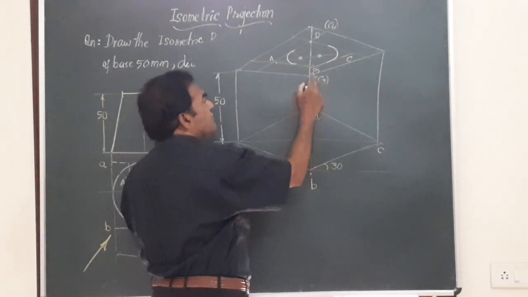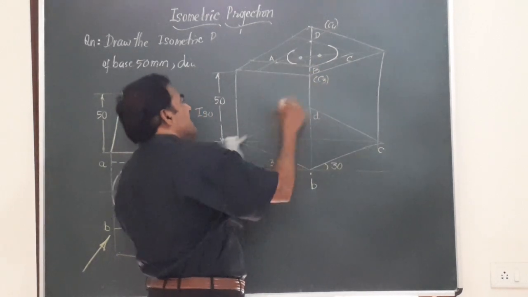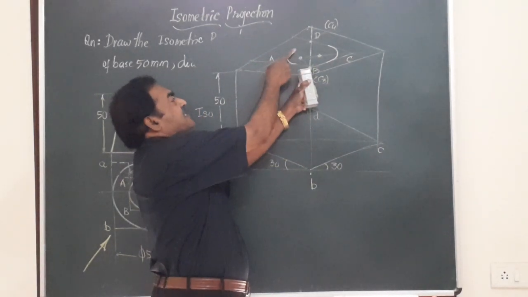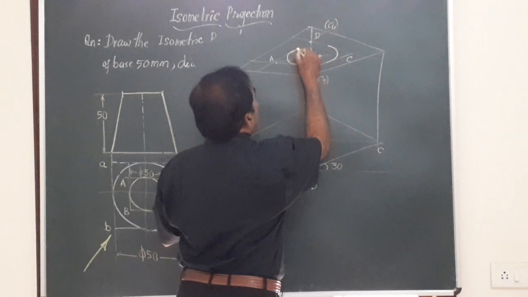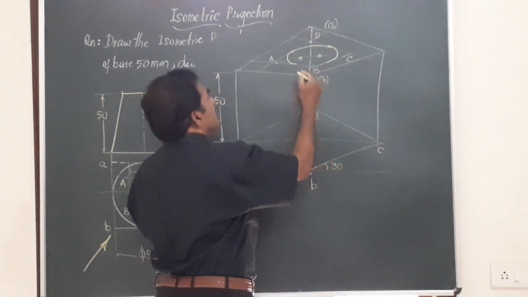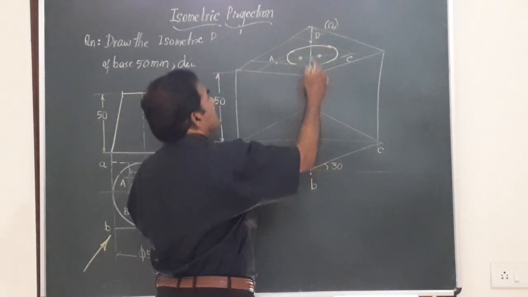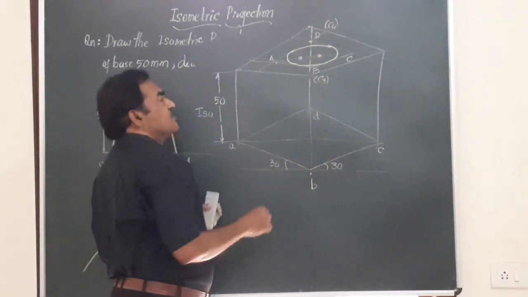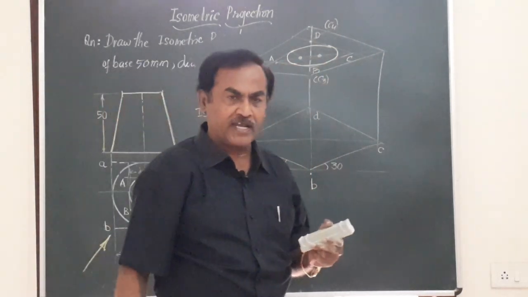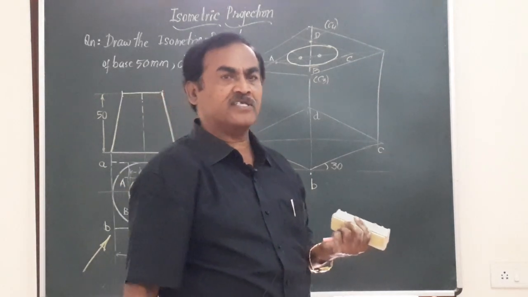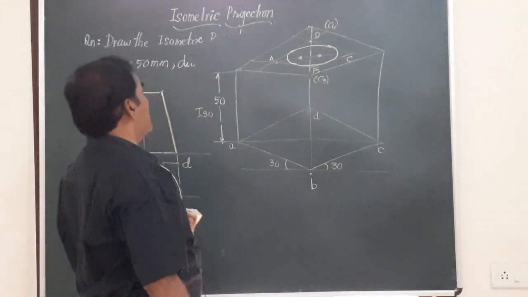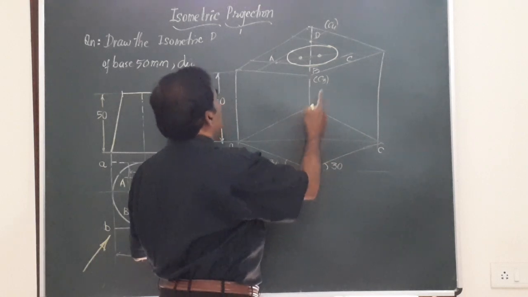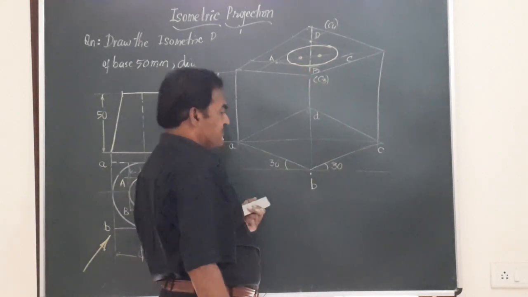Center C3 is B, with B as center and radius equal to B to this end of the curve, draw another arc. Again with D as center C4, complete this figure by drawing another arc. So friends, I have obtained the top face of the frustum of the cone using 4 center method, and the figure we get is an ellipse.